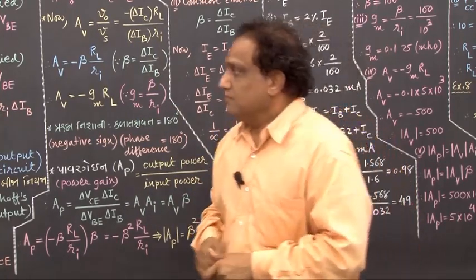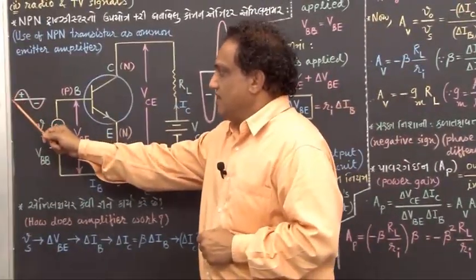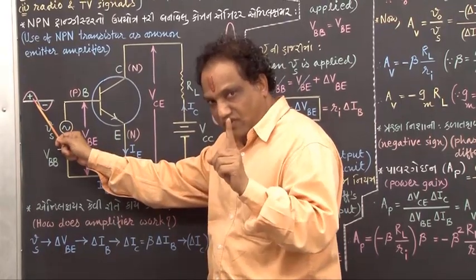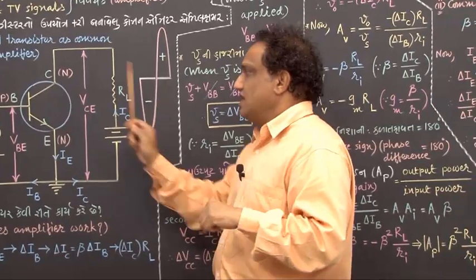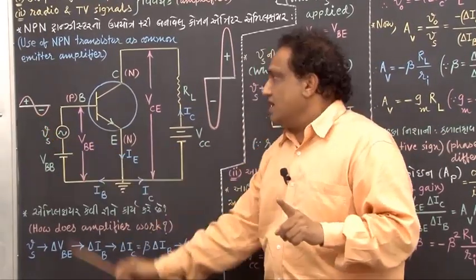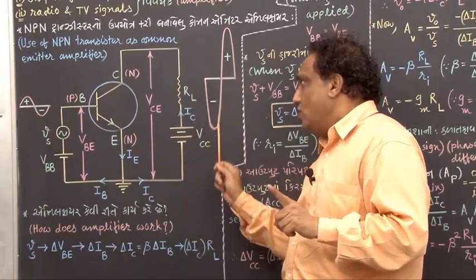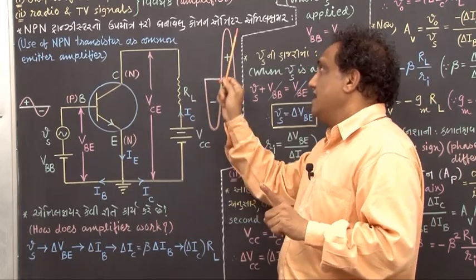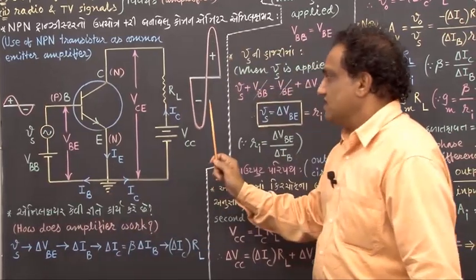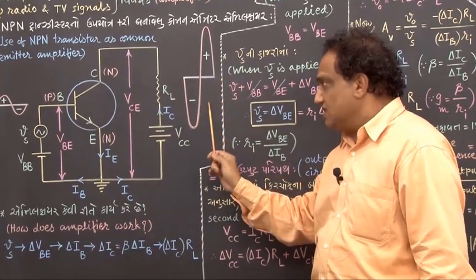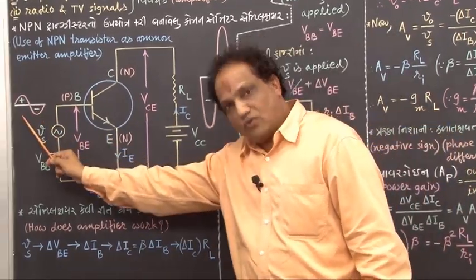How am I showing you? In the input signal, if there is first a crest and then a trough, because the output signal is inverted, here first we should show a trough and then a crest.